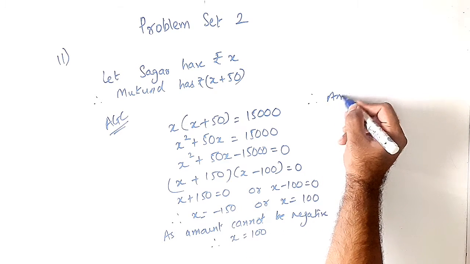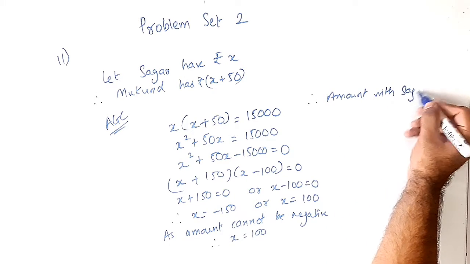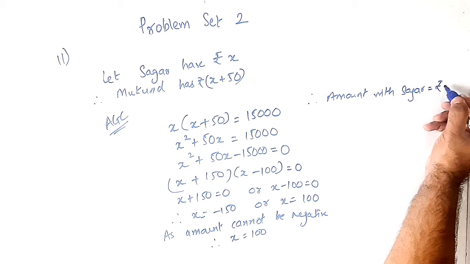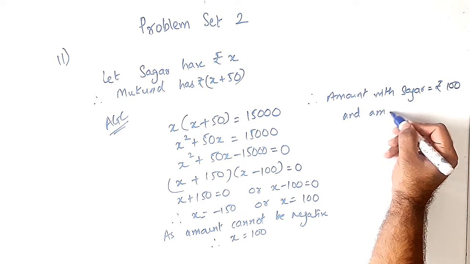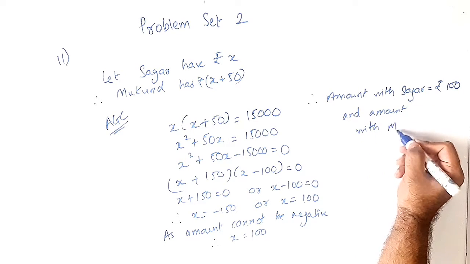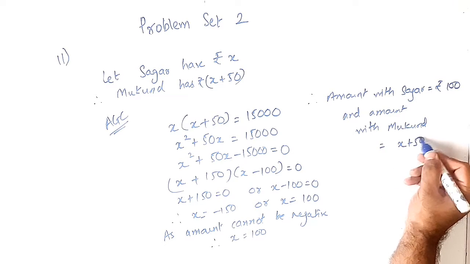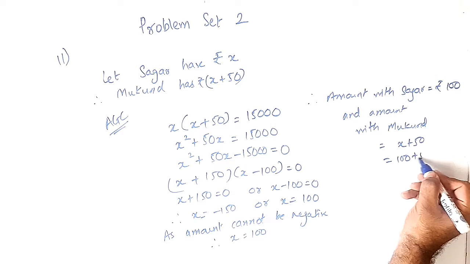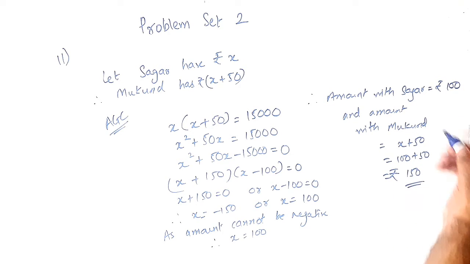Therefore the amount with Sagar equals rupees 100, and the amount with Mukund equals x plus 50, that is 100 plus 50, so that is rupees 150. Okay, very simple. Let us move on to the 12th one.